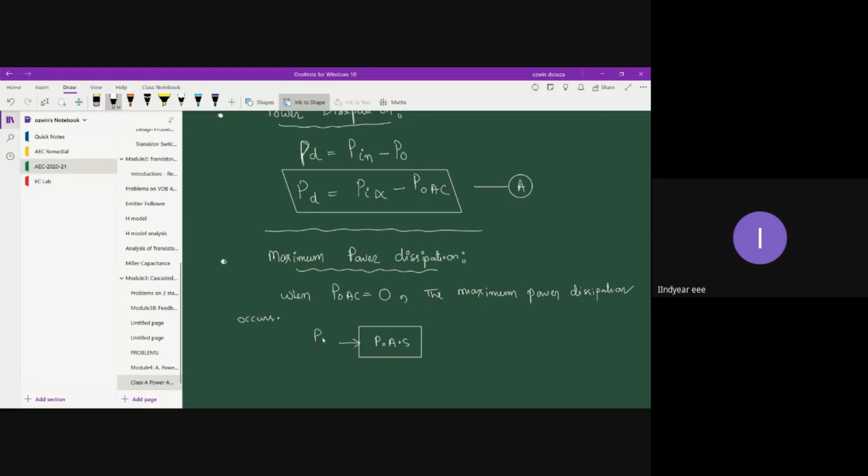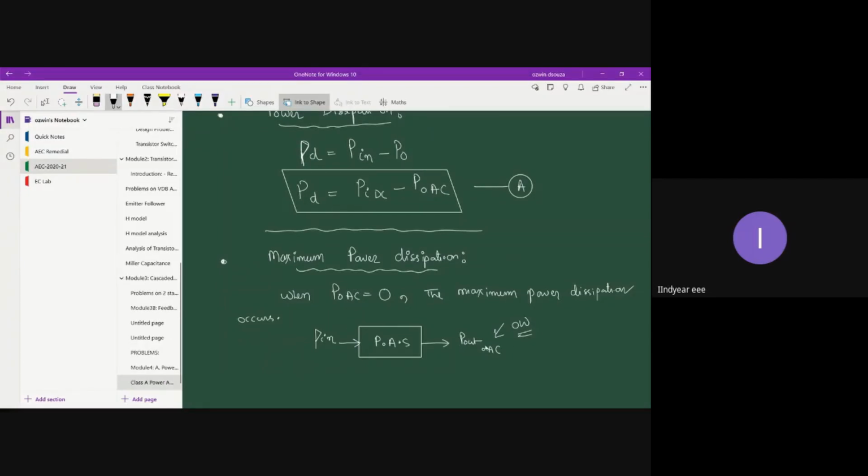This is your power input, and this is your power output, P naught AC. When this power output is 0 watt, the PD max, or maximum power dissipation, occurs.